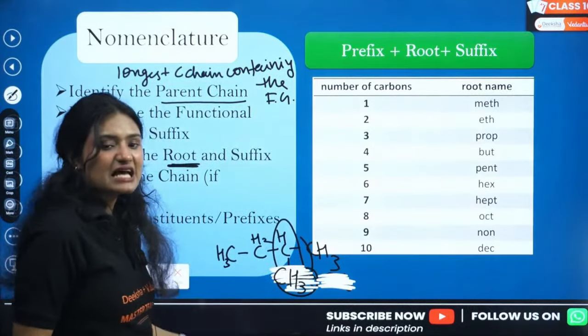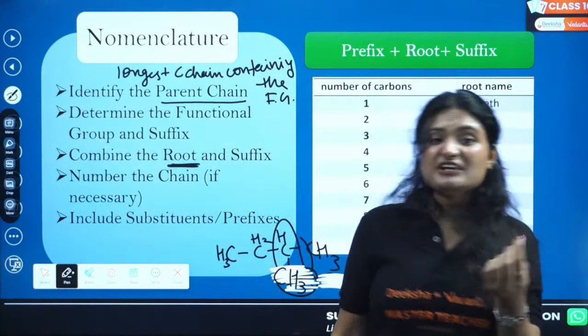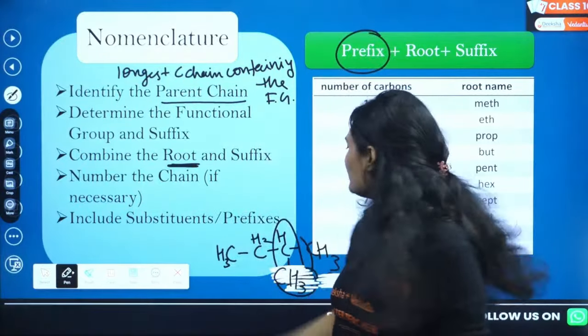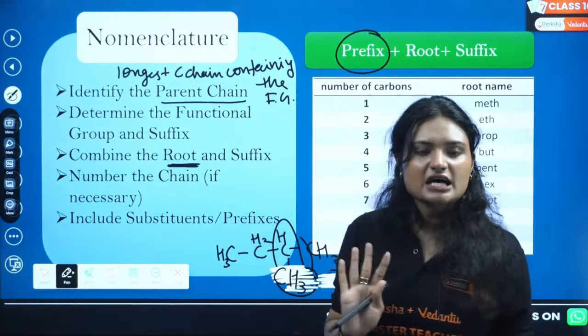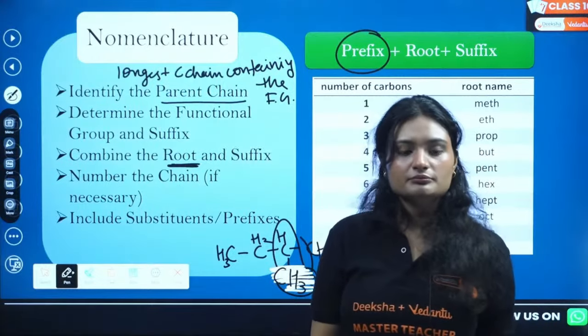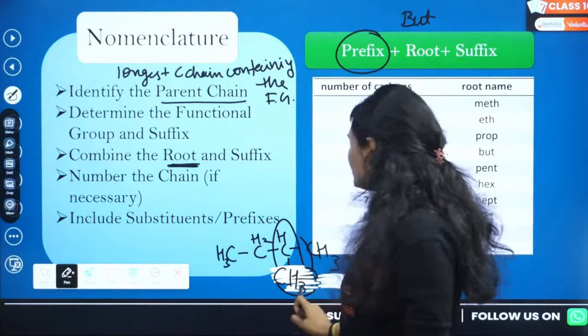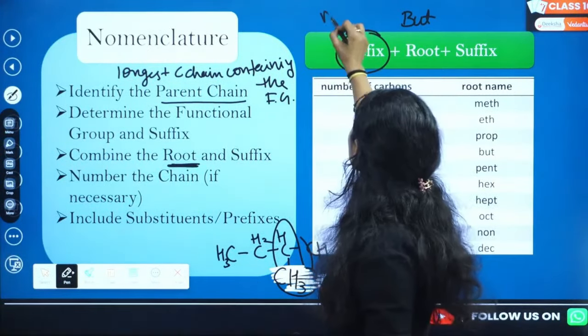You write the name of the substituent as a prefix. Then you figure out the root. How many carbons are there? 1, 2, 3, 4 carbons. That is the longest carbon chain, that is your root. What is the root for 4? But. The substituent we have is this methyl group.